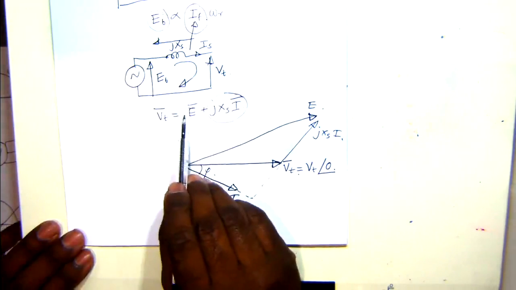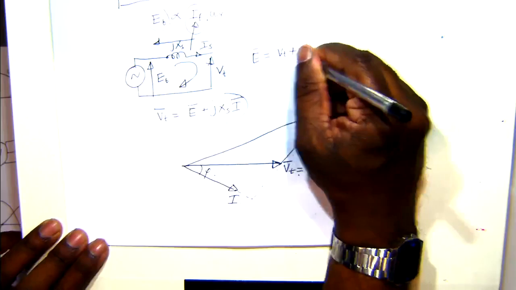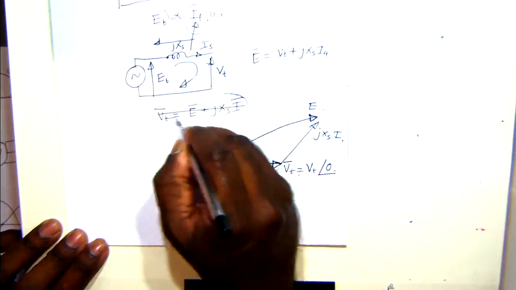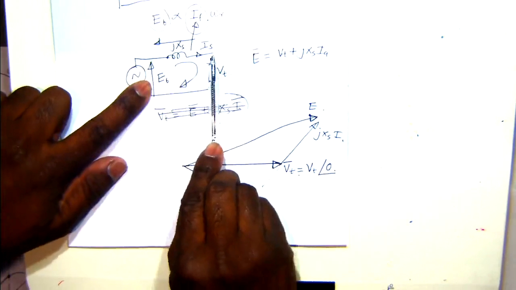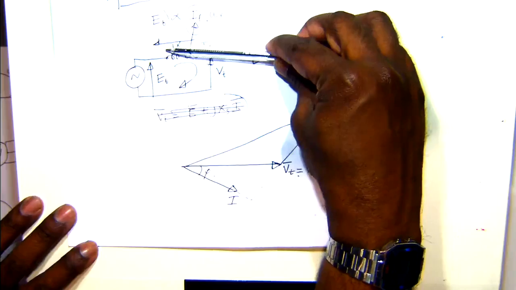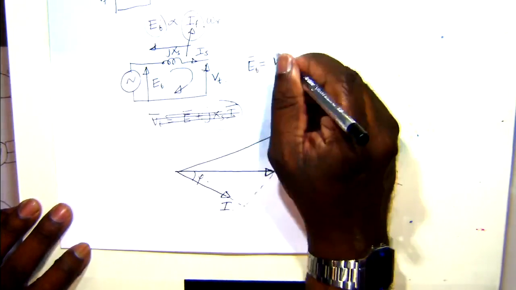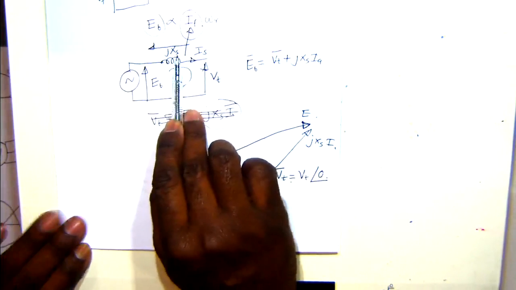I wrote this wrong, right? E is going to be Vt plus jXsIa, not the other way. So the excitation voltage is the terminal voltage plus the voltage drop across the reactance.